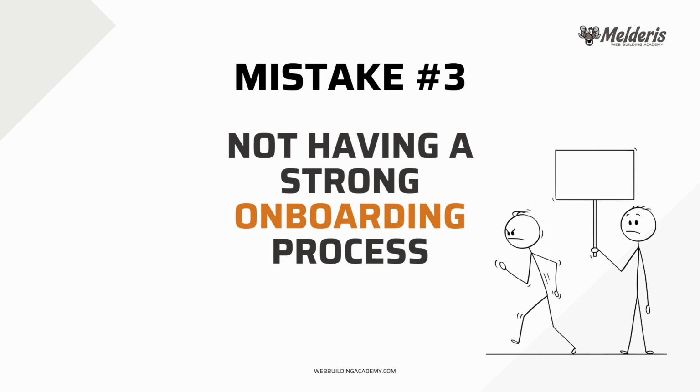Maybe they don't know how to navigate your dashboard, where your social media platforms are, or where to find other offers outside your membership platform, like calls. So having an onboarding process in place is very, very important.